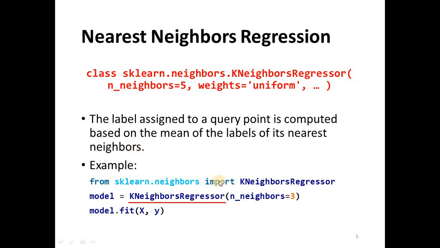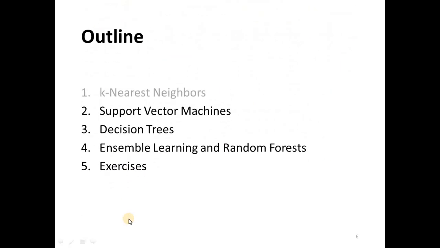And this is an example similar to the classification example. Import KNeighborsRegressor. Here we make an object of this class, but we change the default number of neighbors from 5 to 3. Then we do the fitting. This is the end of this recording.